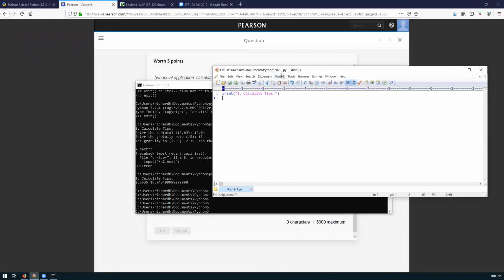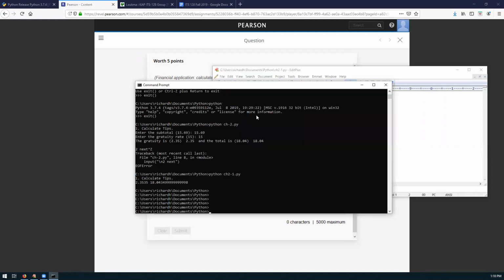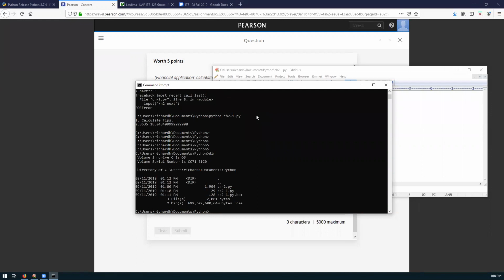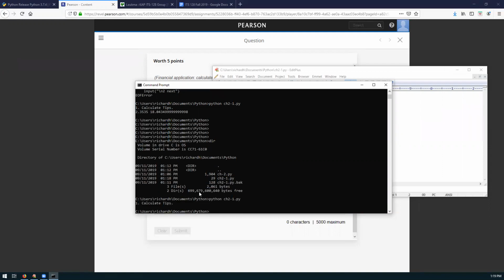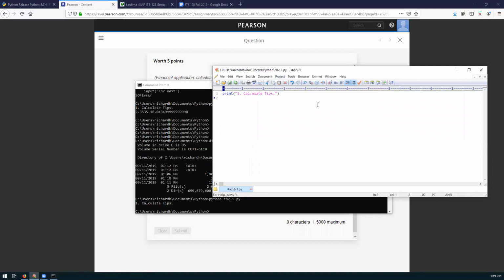So I've got a little starting program here called ch2-1.py, and I'm going to save it and try to run it now. Let me do a dir, and there it is, ch2-1.py. So I'm going to do python ch2-1.py, and it says calculate tips. Right, that's what it's supposed to do.